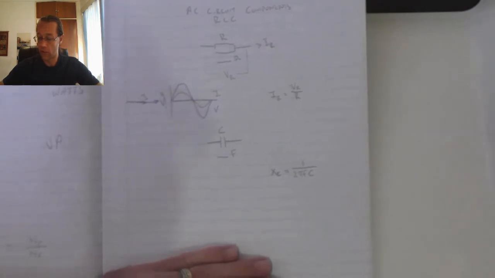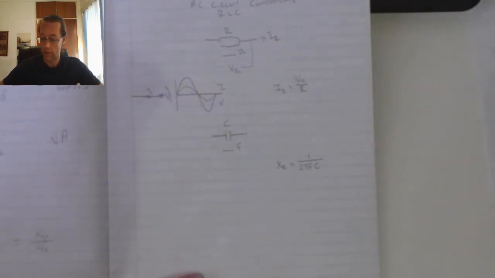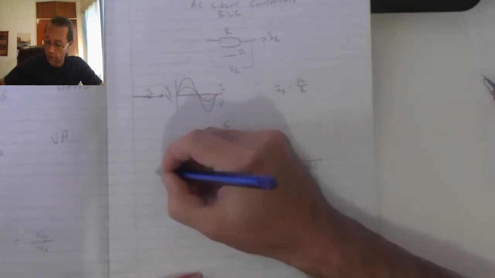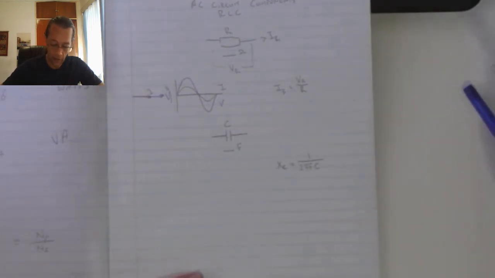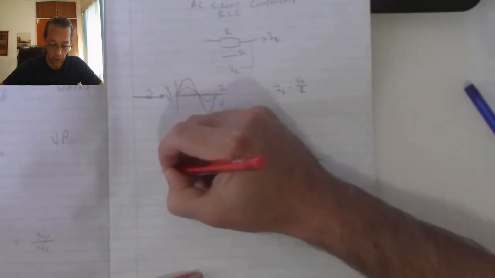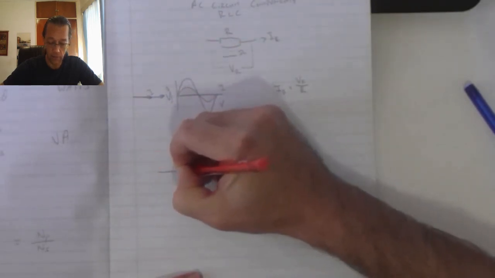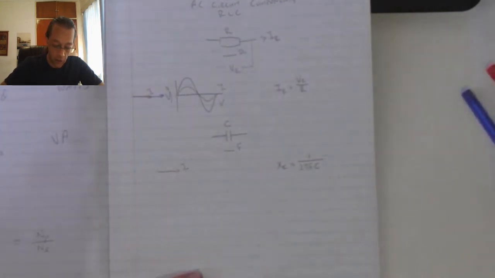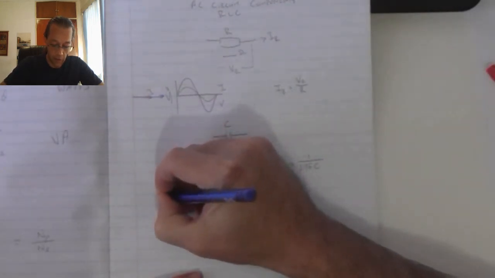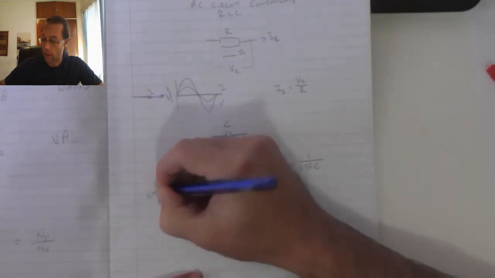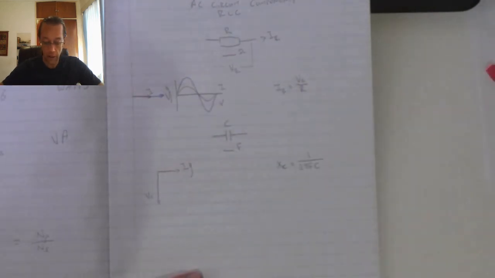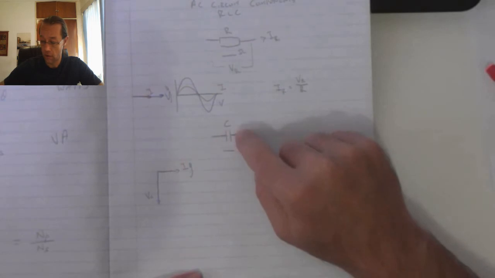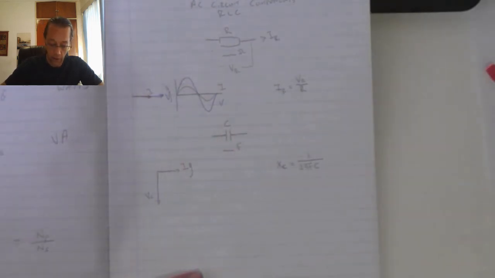Now if we look at the waveforms that are generated and the phasor diagram that is generated, if I allow a current to flow in my capacitor, we're going to get a lagging voltage on my capacitor. That lagging, remember it's a rotating entity, is caused by the charging and the discharging of the plates.